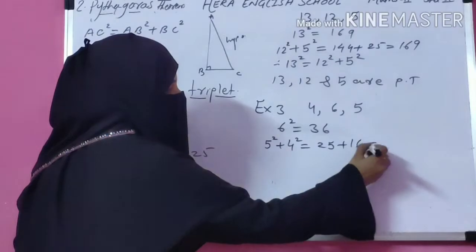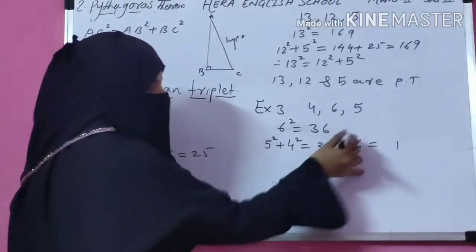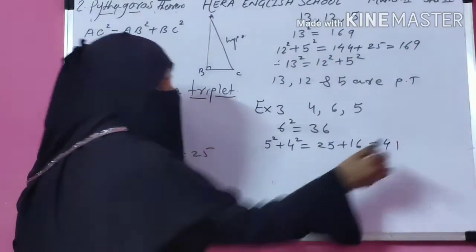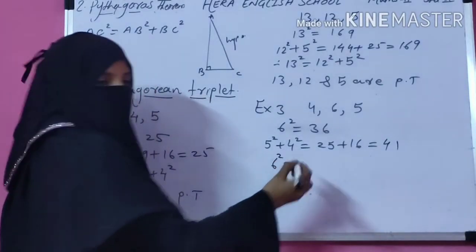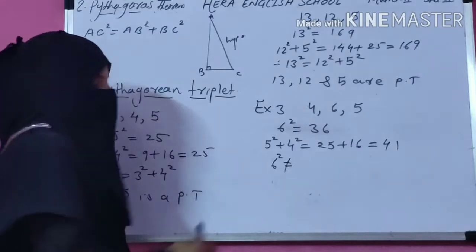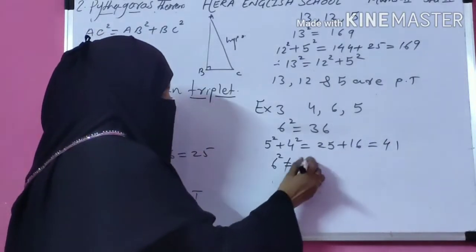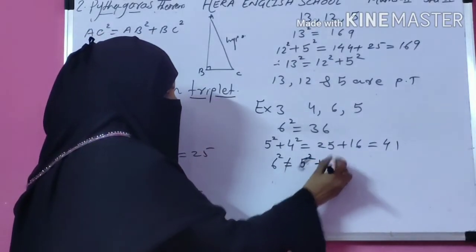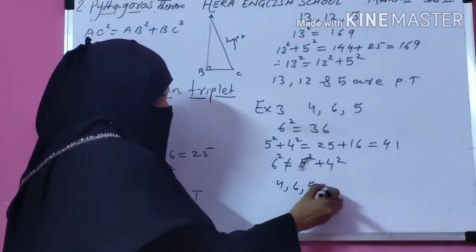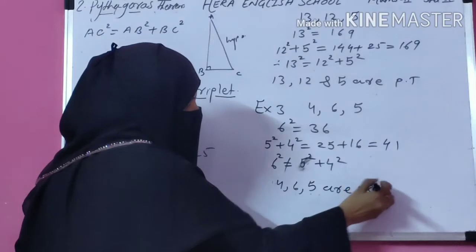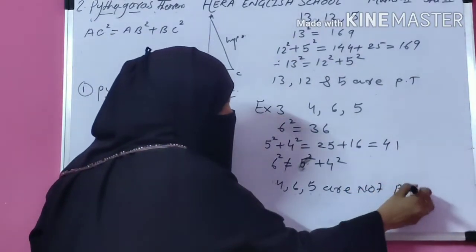Add them: 41. Now see here, the square of the greater number is not equal to the sum of the squares of the other two numbers. So therefore 4, 6, 5 are not a Pythagorean triplet.